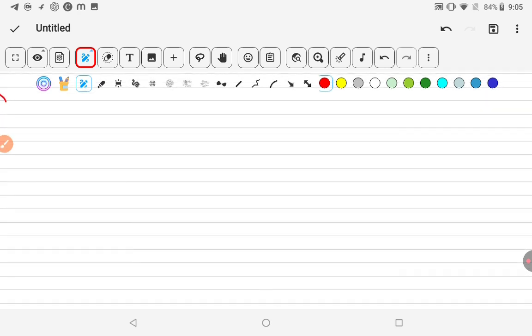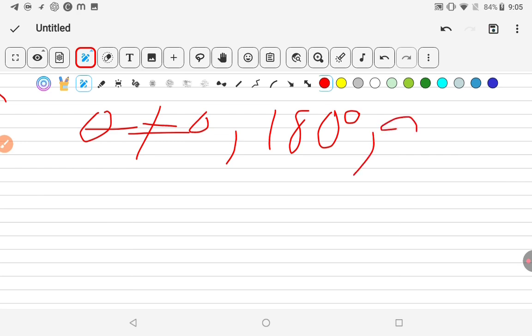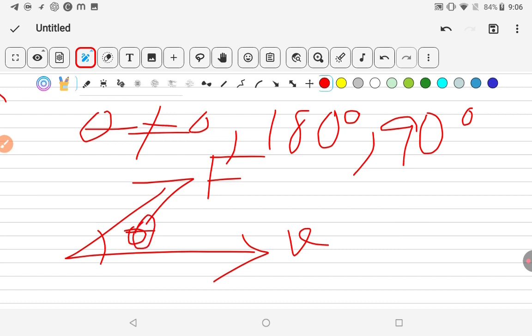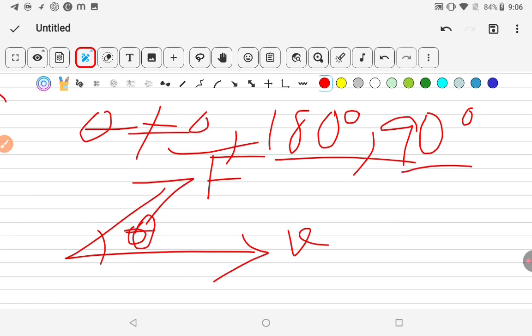But what if the value of theta is not equal to 0, 180 or 90 degrees? Then both magnitude and direction of velocity will change. For example, in an inclined position we are applying the force, and velocity is something like this, and theta is not 0, not 180, not 90, let us assume 60 or something.